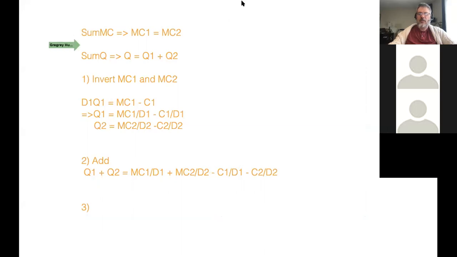So I'm using those two equations at the top. I know that I can just reduce this to Q, which is the aggregate Q. Then I can replace MC1, because MC1 and MC2 are equal to one another, with just MC divided by D1.